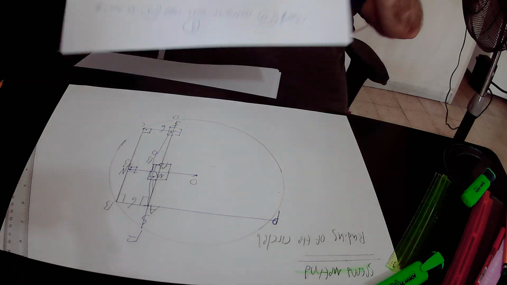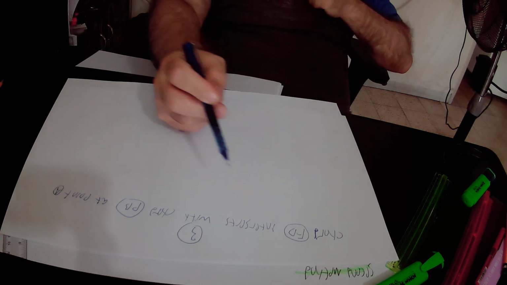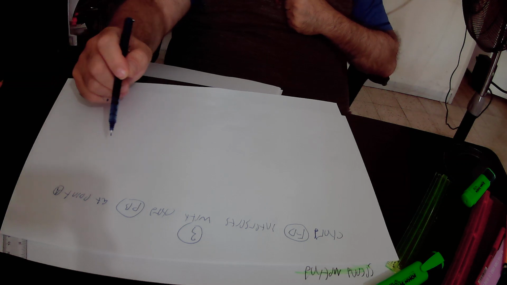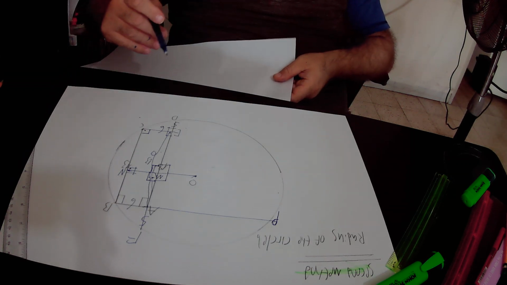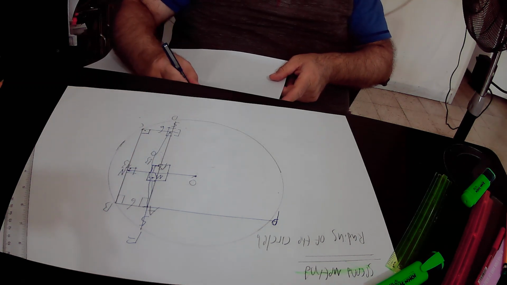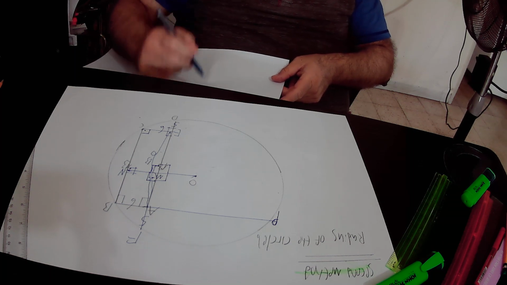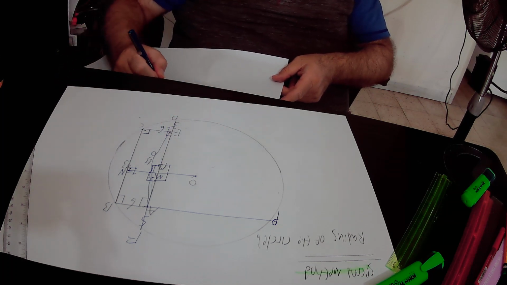Therefore, according to rule number 2, we get that FA times AD equals PA times AB.